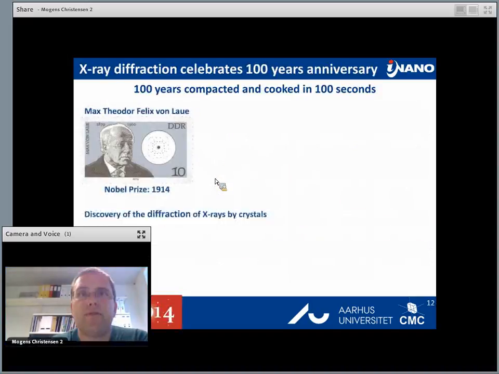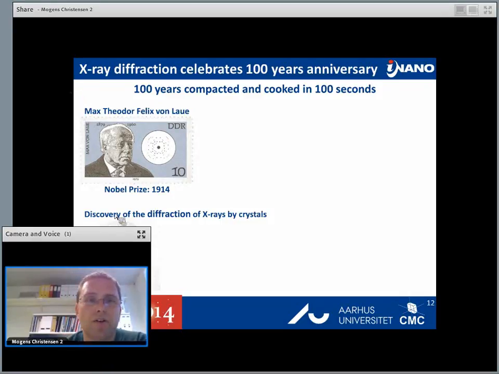So very briefly, last year we were celebrating the 100 years anniversary of X-ray diffraction. The first experiment was carried out by Max Theodor Felix von Laue, better known as von Laue, and he received the Nobel Prize in 1914. And you see his results down here.